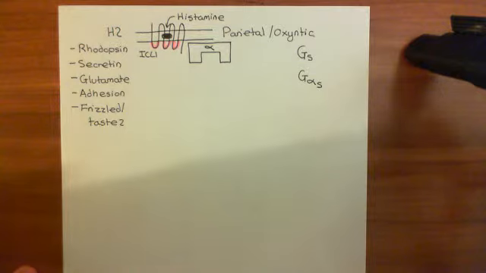Okay, now all G proteins have two states. They have an on state and an off state. They are effectively switches. When they are in the on state, they have GTP bound to them, and when they are in the off state, they have GDP bound to them.